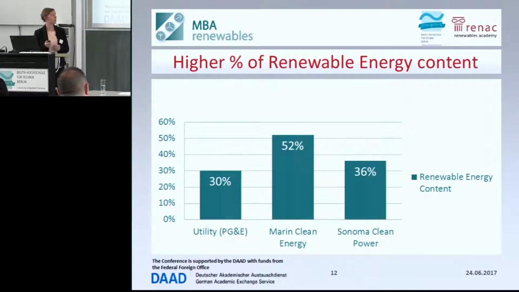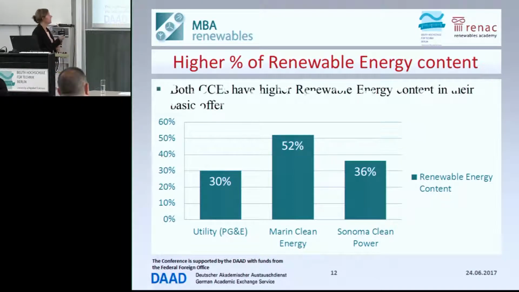CCE has a higher percentage of renewable energy content. We see here Marine Clean Energy has 52% of clean and renewable energy in their electricity. In the base offer, they also have 100%, but it's an opt-in.